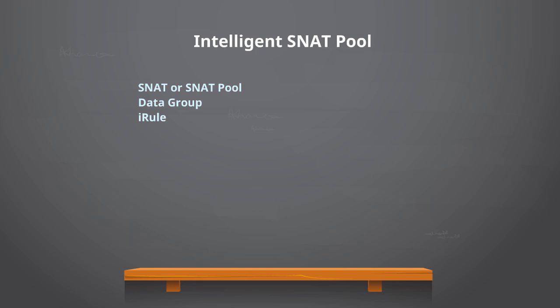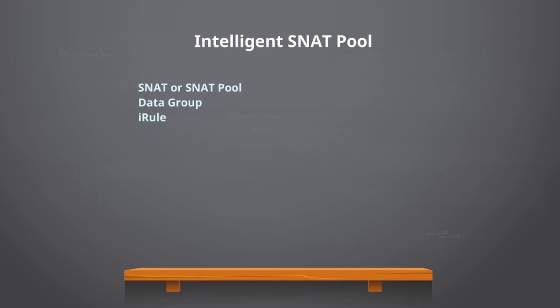Okay, so if you would like the BIG-IP to base its selection of translation addresses on the destination port, then first you would need to create a data group, and that data group will contain the destination ports. You must then create an iRule that applies the SNAT translation address to connections using a port specified in that data group.